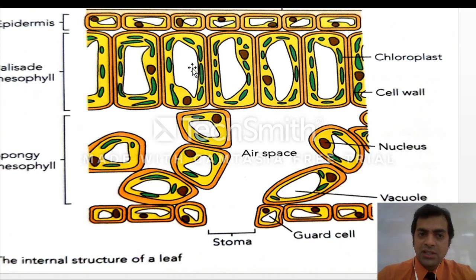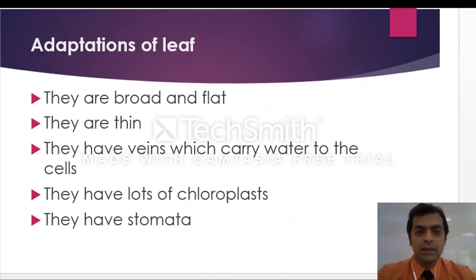So what are the adaptations the leaf has? Leaves are broad and flat to maximize the rate of photosynthesis so that they can absorb maximum sunlight. They are thin so that carbon dioxide diffusion can happen quickly, because if they were thick, the diffusion of carbon dioxide would be slow and the photosynthesis process would be very slow. And they have veins. You have seen veins on the leaf.